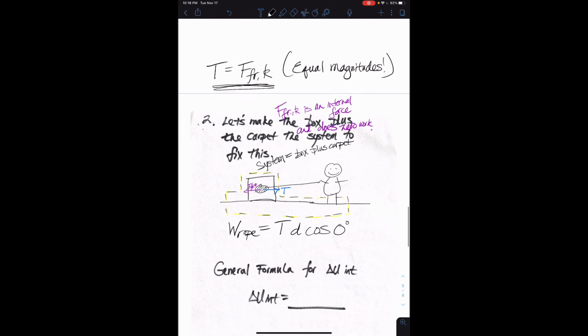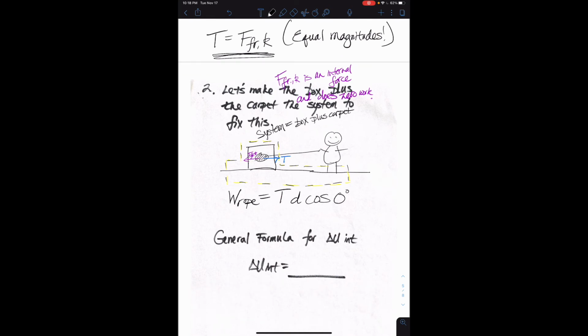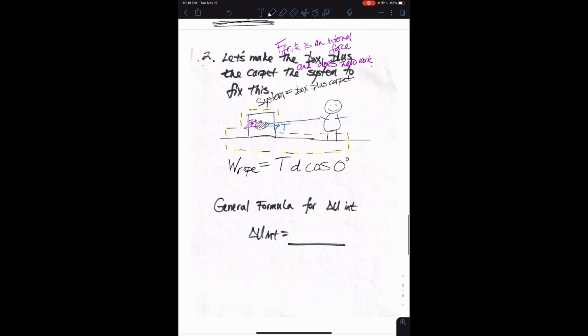Okay, so what I can do then is rewrite this as force, friction, kinetic times the distance, because cosine of 0 is just 1.